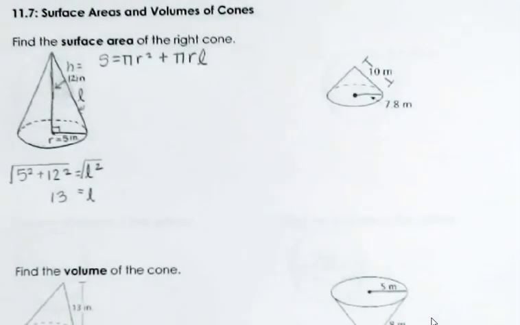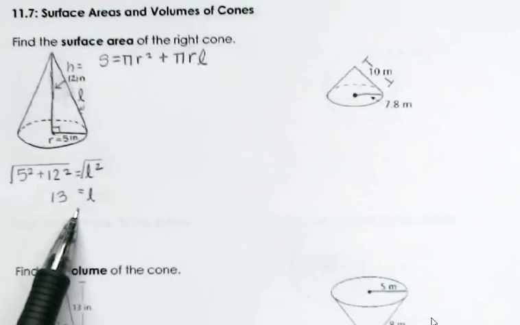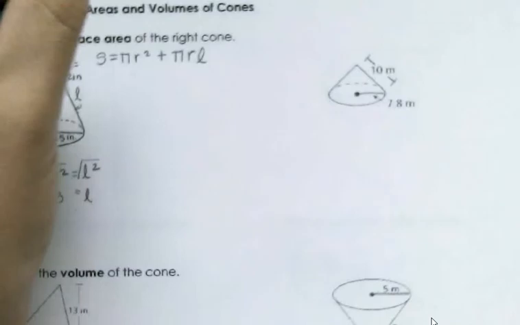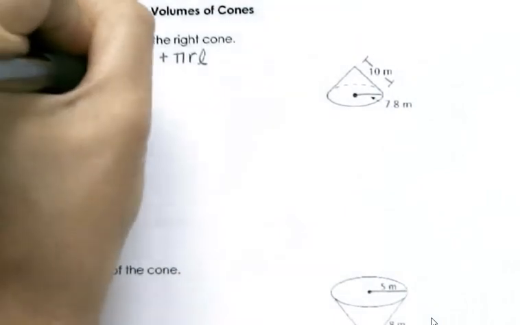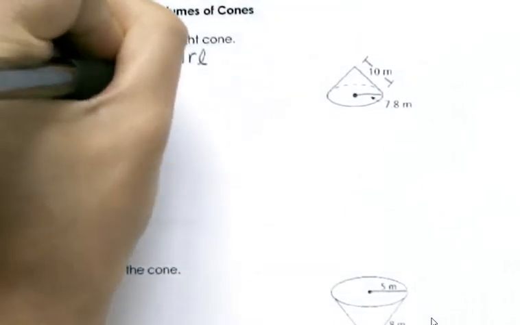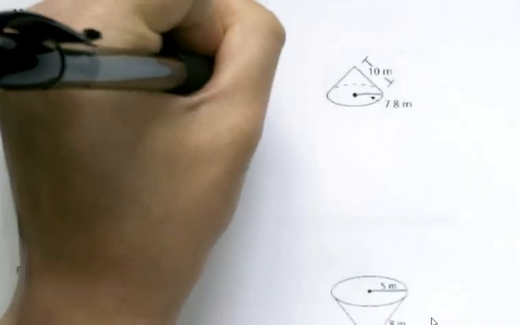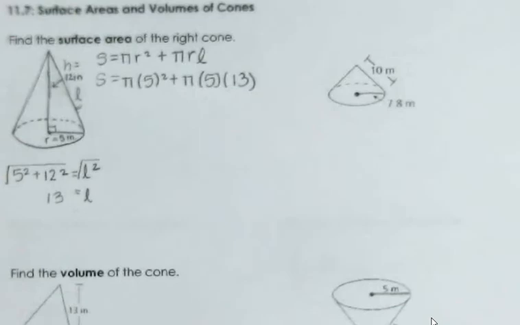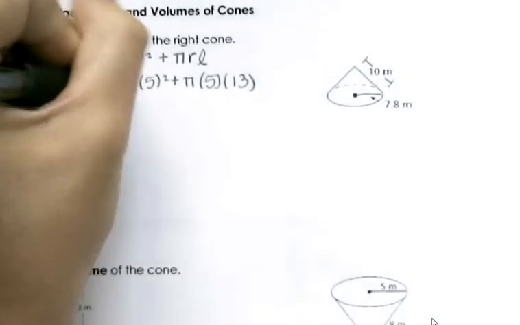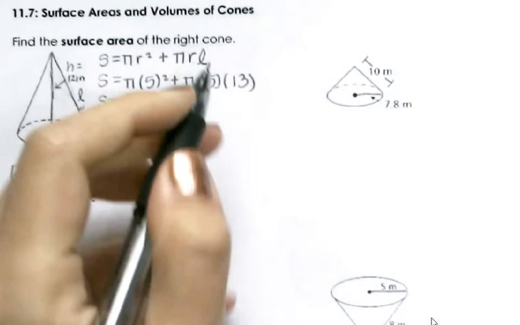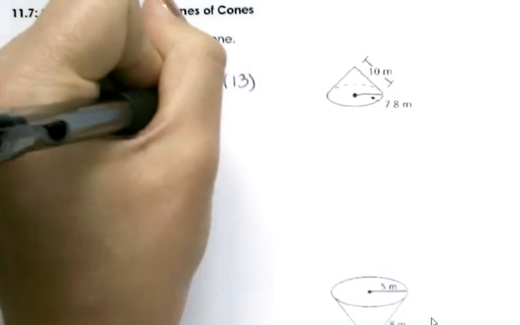Okay, so we're going to plug in those values, L and r, into our equation here. So we have S is equal to pi times 5 squared plus pi times 5 times 13. So here we have 5 squared, which is 25 pi, plus 5 times 13, which is 65 pi.